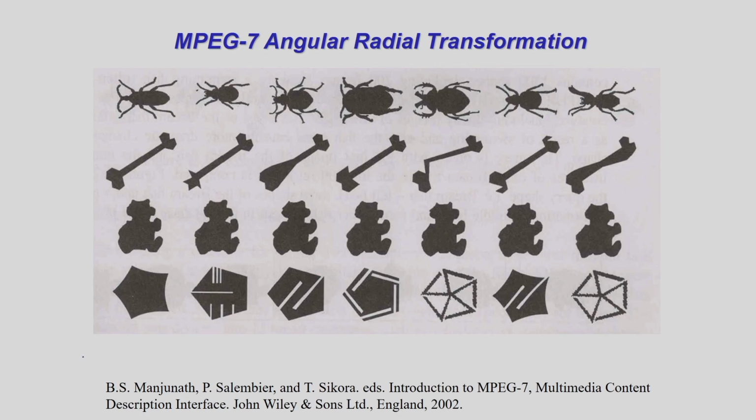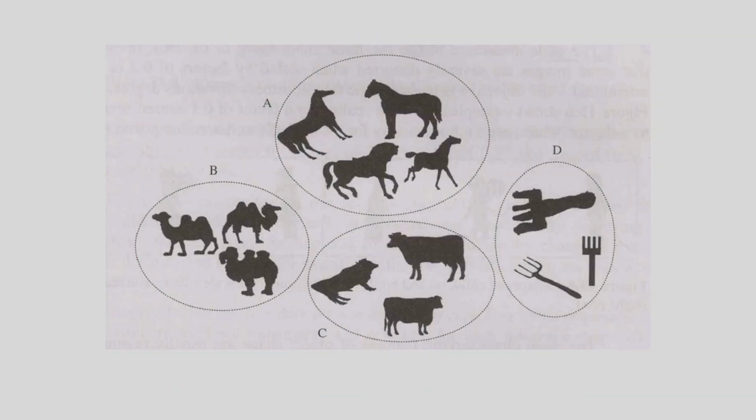And for details you can see the book by Professor Manjunath, Introduction to MPEG 7 Multimedia Content Description Interface. So in my class I am only giving the highlight of this technique, the MPEG 7 ART shape descriptors. So in this case, based on the shape similarity, I can do the clustering.